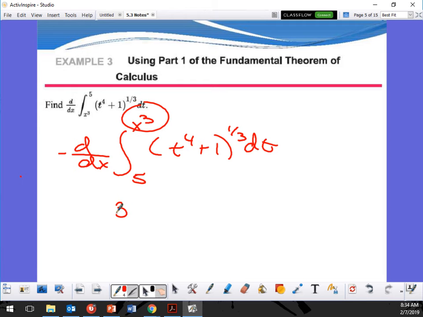So it's a negative 3x squared, right? Times 3, oh, x to the 12th. X to the 12th, right? So x to the 12th plus 1. Plus 1. Is that easier now?